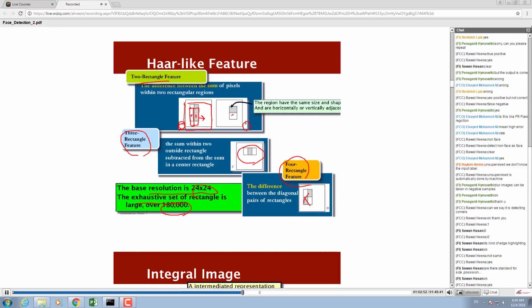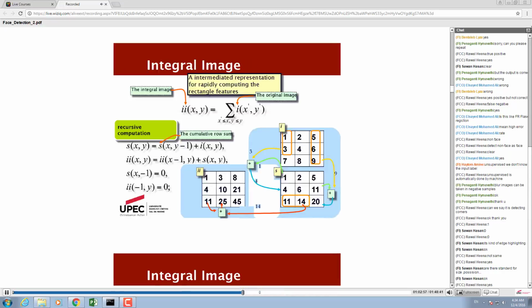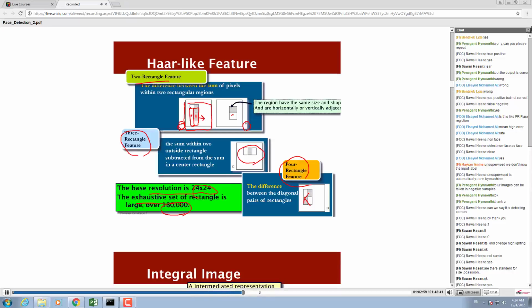Okay, is that clear? So this is about Haar-like features. In the next page, we have to prepare these Haar-like features in advance. The main process, the calculation of a Haar-like feature, is just addition and subtraction, because we have to calculate the sum of the white region and the sum of the black region.